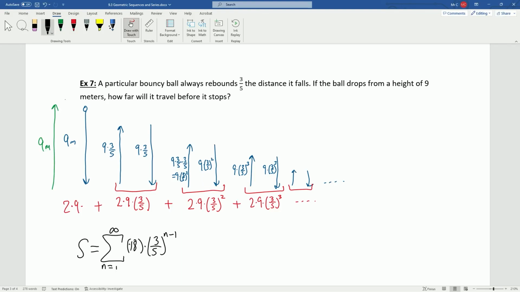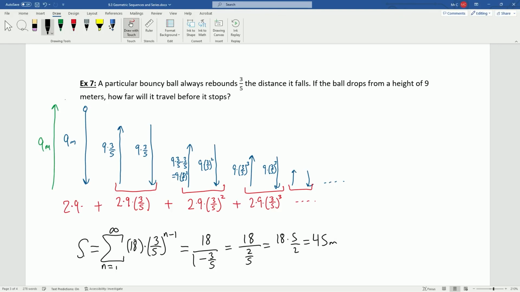When I apply my sum formula, I get a1, that's 18, divided by 1 minus r. That's 18 over 2/5. That's 18 times 5 halves. 18 divided by 2 is 9. 9 times 5 is 45.